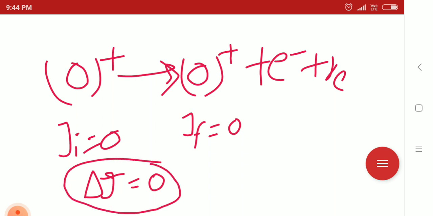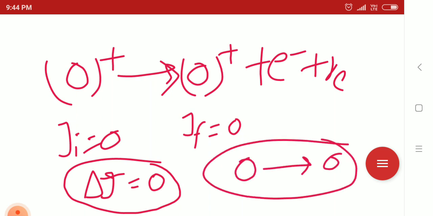But how can we say whether it is Fermi or Gamow-Teller? In Fermi, delta J should be 0; in Gamow-Teller, delta J may be 0. But in Fermi, a 0 to 0 transition is allowed. So we can say that it is a Fermi transition.